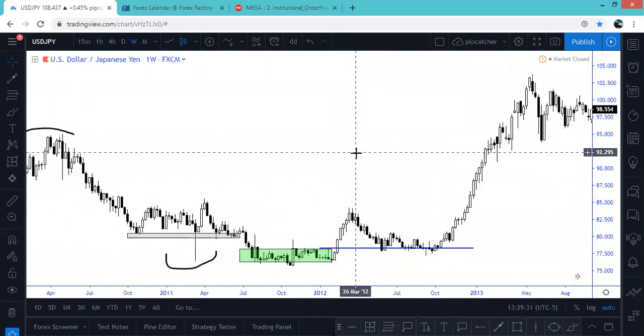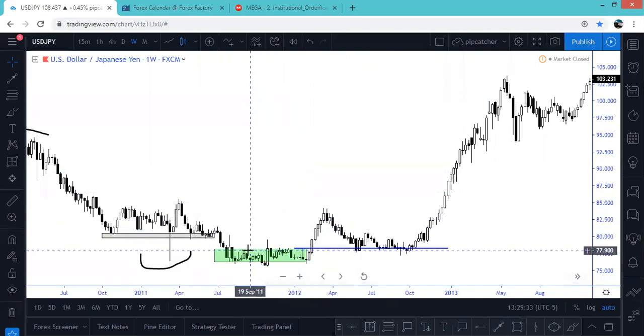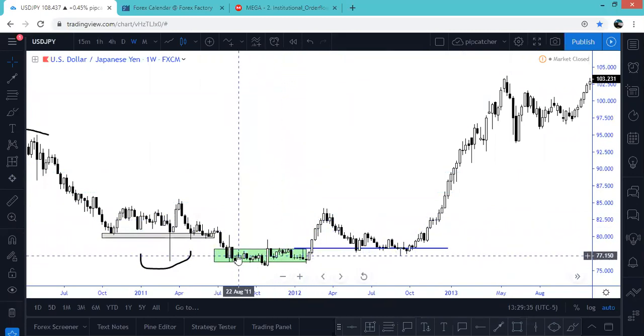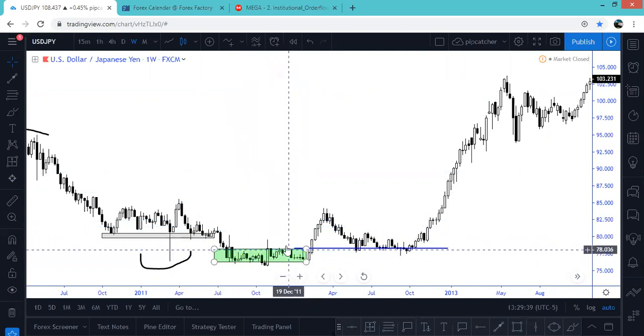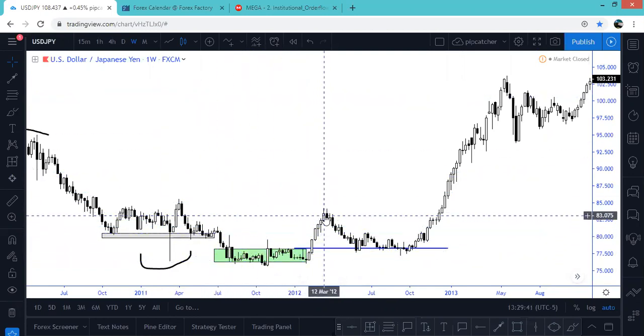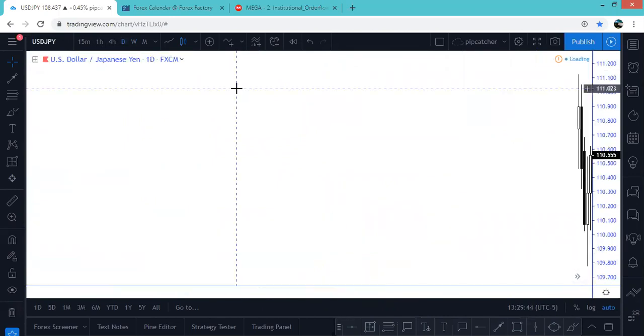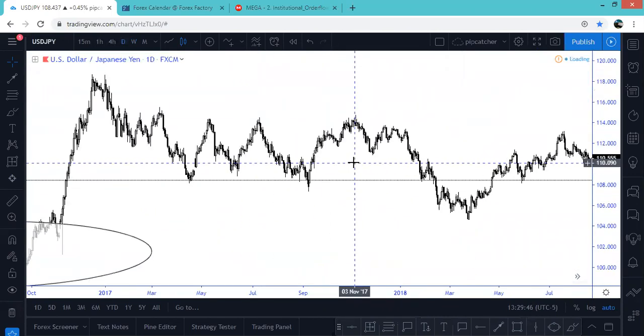Really, same thing from the monthly I see on the weekly. We have this small sideways channel, this contraction phase, and then a breakout. So let's go to the daily.